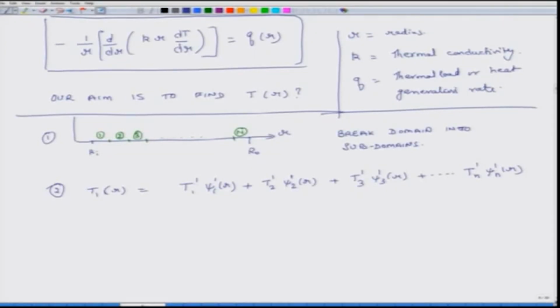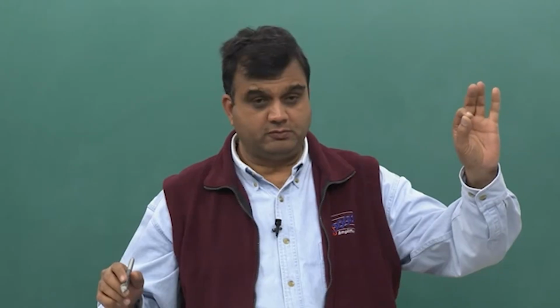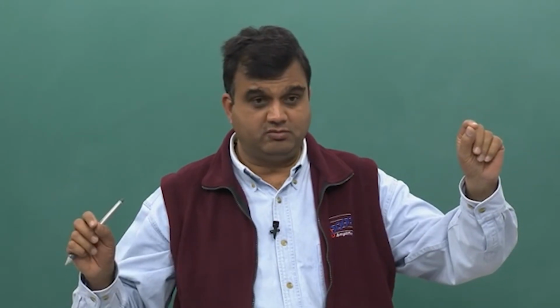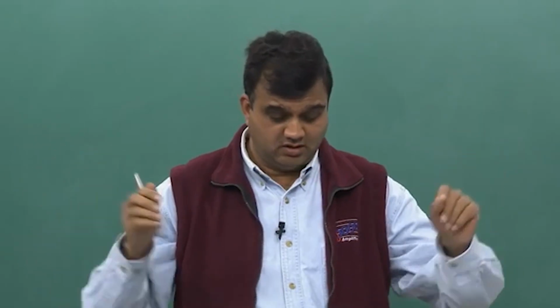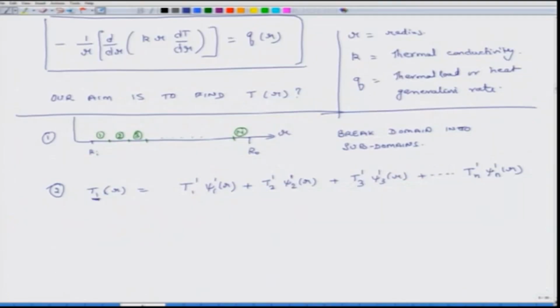So in this equation we are trying to figure out how temperature is changing between the first node of element number 1 and the second node of element number 1, and that is why we have written T1. This expression tells us how temperature is changing over the first element.